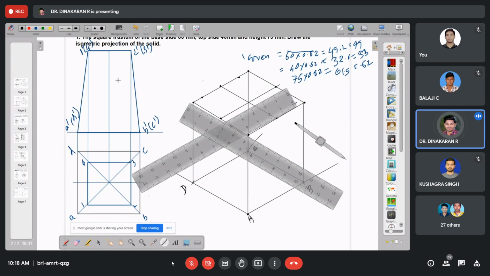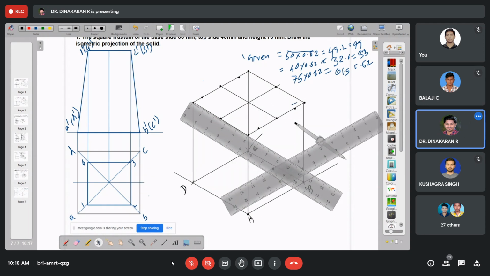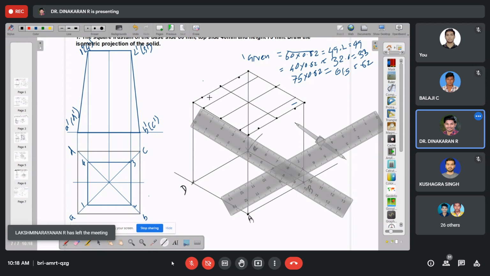Check with me parallelly whether I'm marking points correctly or not. Okay. So finally, we need to make the question's thick line only.